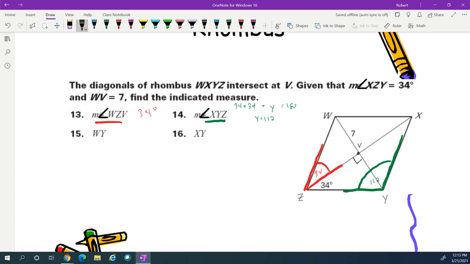So if we wanted to work inside the one triangle, we can say the 90, the 34, and that corner of the triangle would have to add to 180, so we would get 56, and then we would double it for the other 56. So again, different approaches.